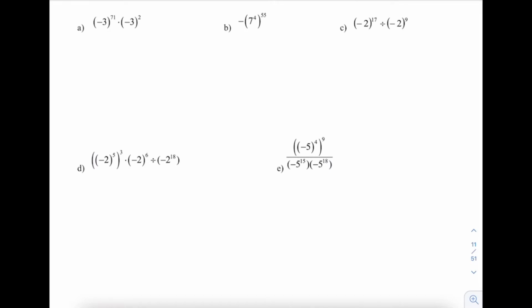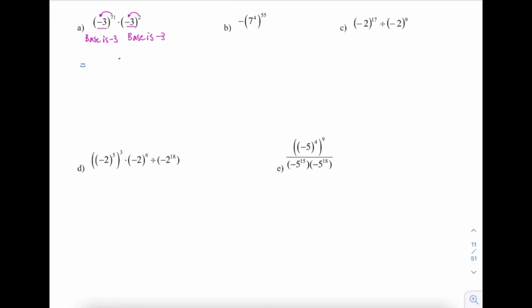So part A, I can see that I have two powers being multiplied. For the first one, my base is -3, and it's raised to the exponent of 71. For the second one, I can also see my base is -3. So the exponent of 2 would apply to the negative and the 3, and the exponent 71 would also apply to the negative and the 3. Let's do the easier one first.